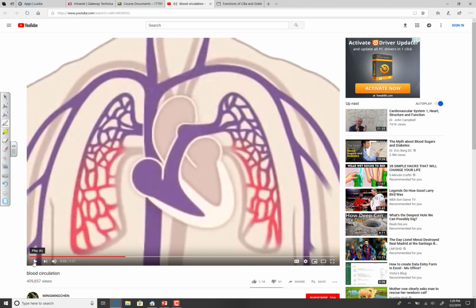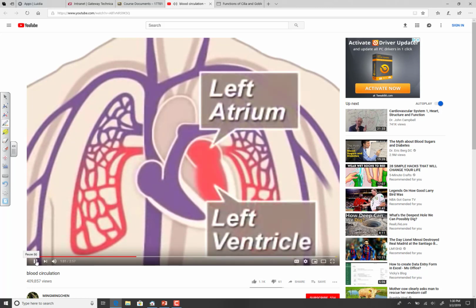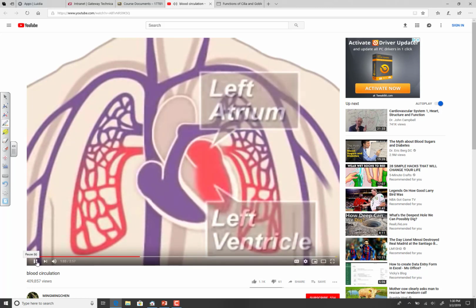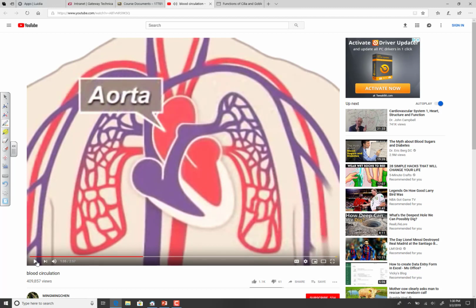And now that newly oxygenated blood that is now low in carbon dioxide is going to come back from the lungs through the pulmonary veins, enter the left atrium, mitral valve, left ventricle, aortic valve, and then down to the cells of the body. So that's the pulmonary circulation.